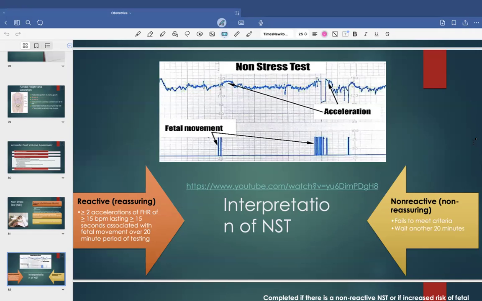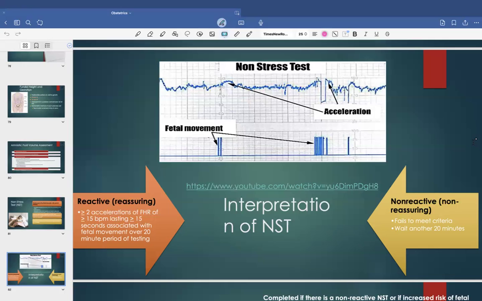So for the reactive, the reassuring side, you need 2 accelerations of the fetal heart rate of equal to or greater than 15 beats per minute, lasting 15 seconds, associated with fetal movement over a 20-minute period.